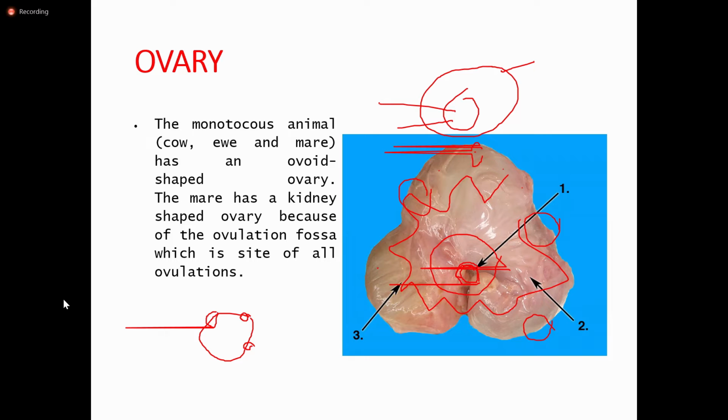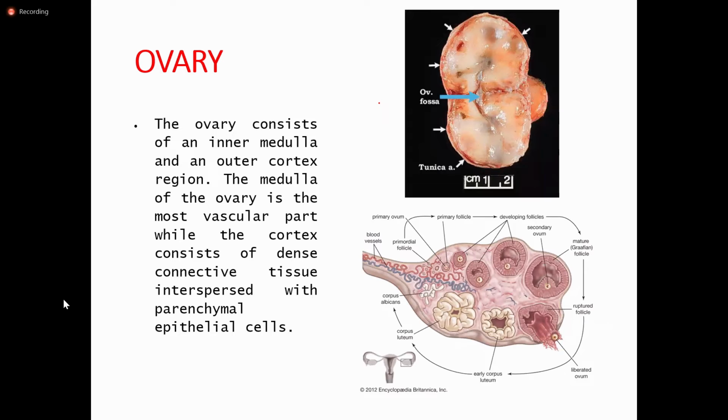So please remember that. Okay, and this is a cross-section of the mare's ovary, and this is the ovulation fossa. So this one is the cortex, and this one is the medulla. Okay, and the picture below shows you the schematic diagram of a normal or majority of the ovaries of different species of animal, showing you the medulla, and then we have also the cortex here.